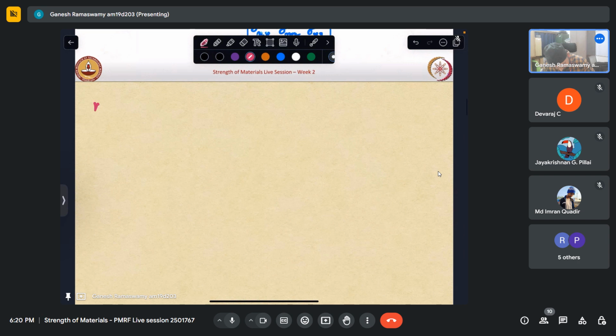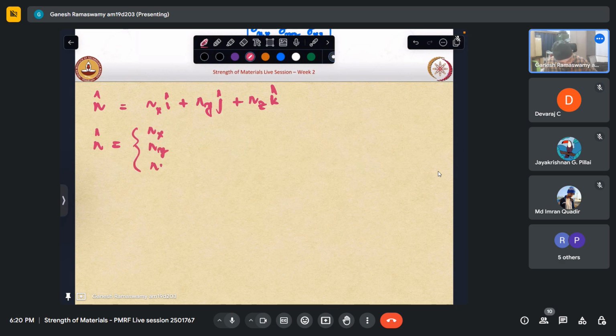So any vector can be written as nx i cap plus ny j cap plus nz k cap. Now for ease of multiplication, we will represent the same thing as a column vector, nx, ny, nz.